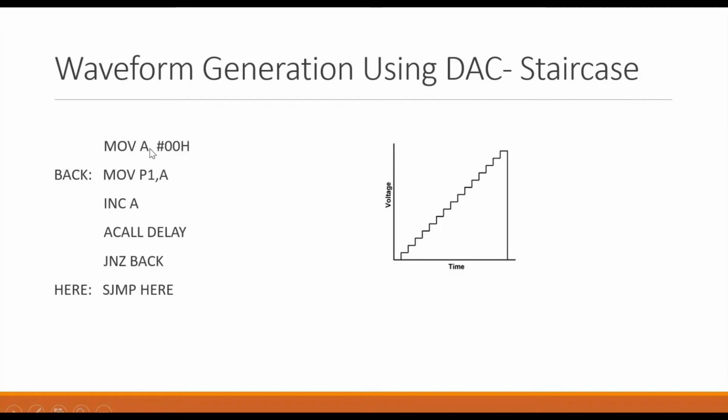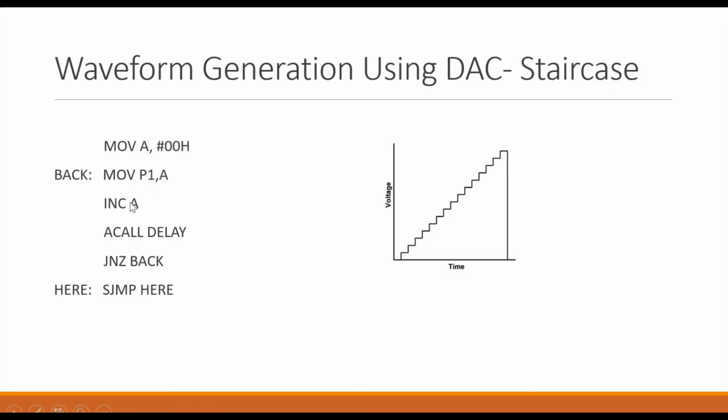So load a register with a value of 00H, let's say, as the starting value. When you are moving upward, you are simply incrementing it. If each stair has the same height, you simply increment it by 1. So that is done here. You have loaded a value into the accumulator, then move that value to port 1, because at port 1 we want this waveform to be generated.